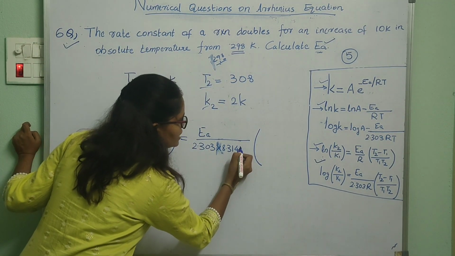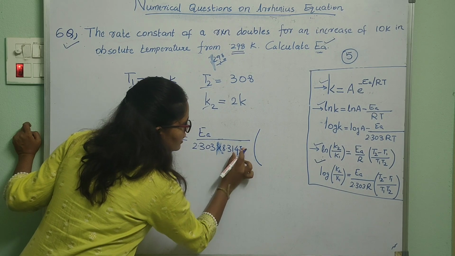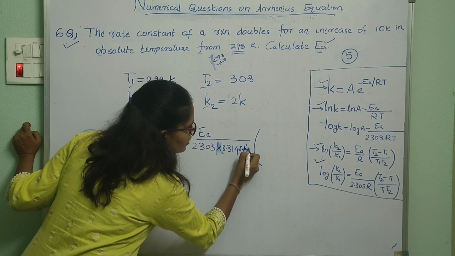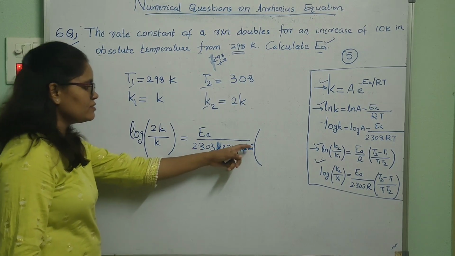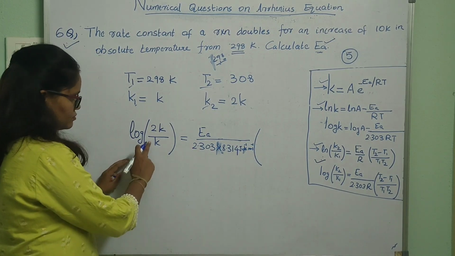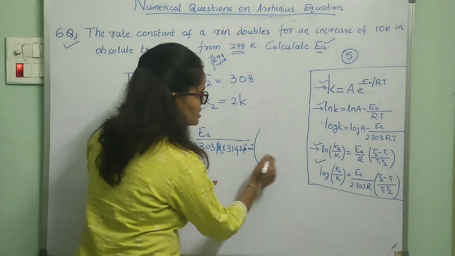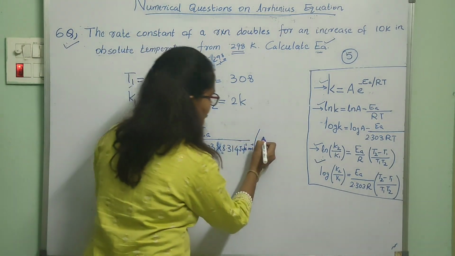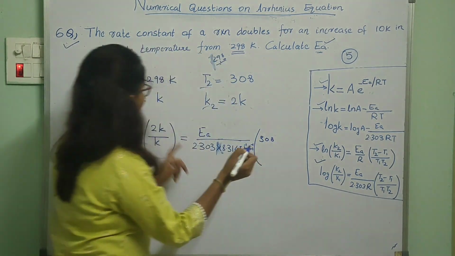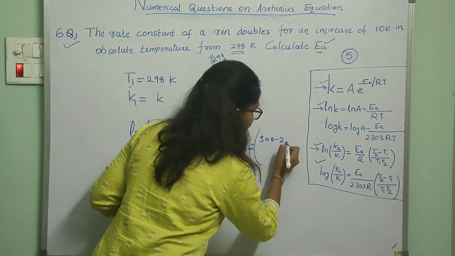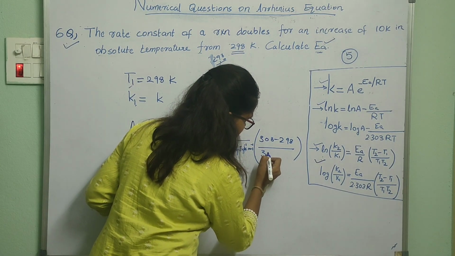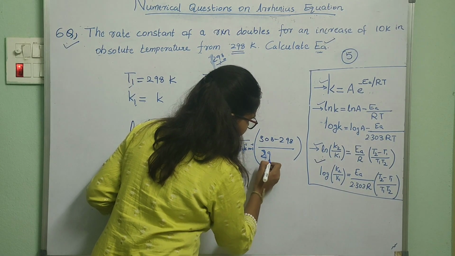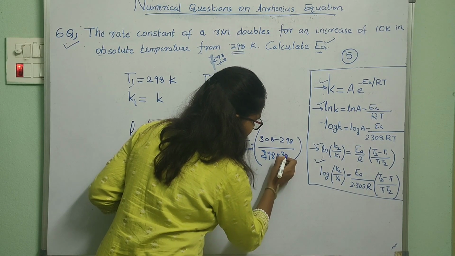So I will also write its unit, Joule, Kelvin inverse, mole inverse. Okay. So the unit of R is Joule, Kelvin inverse, and mole inverse. So what is T2? T2 is 308 minus T1, which is 298, divided by T1 into T2. That is 298 into 308.